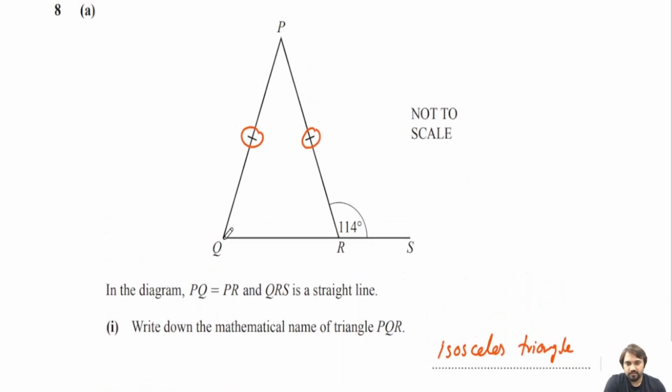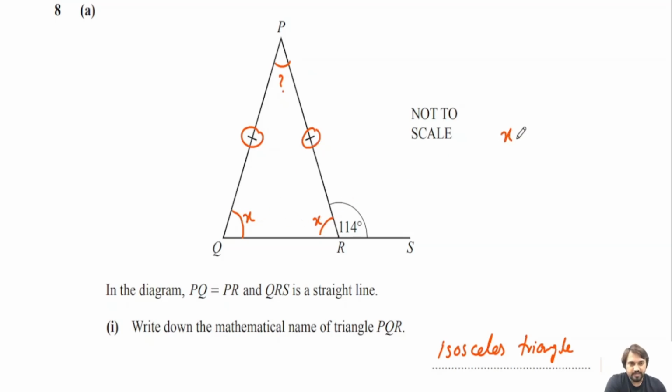Starting from Q moving towards P and then R, we need to calculate this angle. For this purpose, we need to calculate angle R and angle Q. Let's say this angle is X, then this angle is also X because these are base angles. In an isosceles triangle, if two sides are equal, then their base angles are equal.